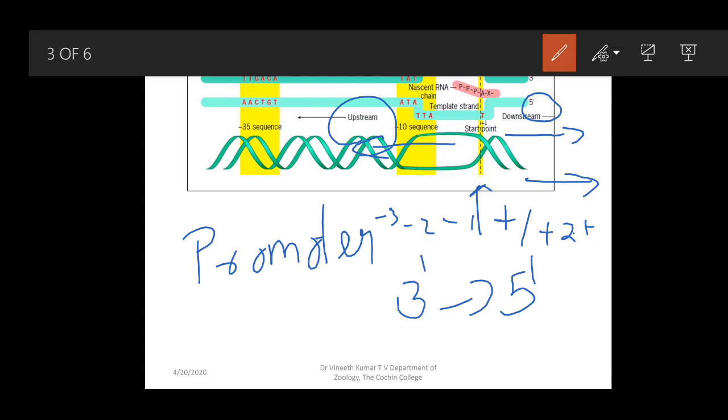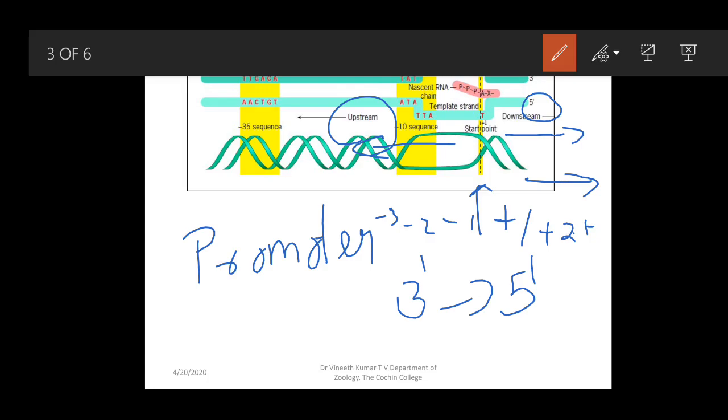So in prokaryotes, the promoter sequences have two important points which are usually referred to as consensus sequences. A consensus sequence is nothing but a particular nucleotide sequence.